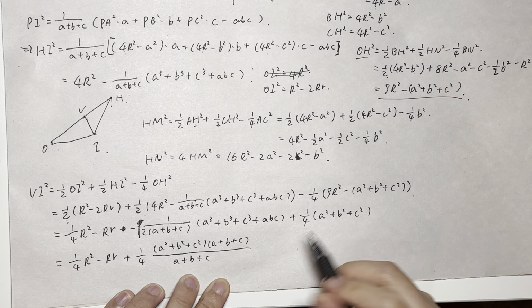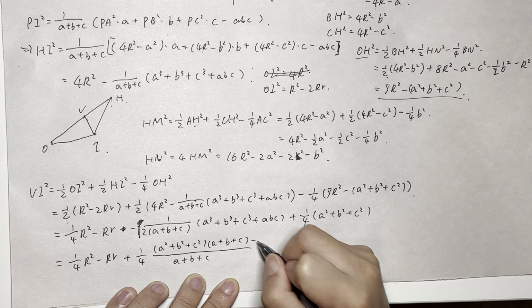That is this one, and minus twice of (a to the power 3, b to the power 3, c to the power 3 plus abc), right? That's what we got here, and then we extend this one. Let's extend this one.